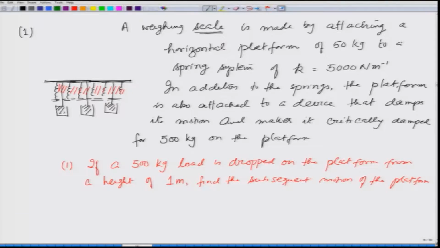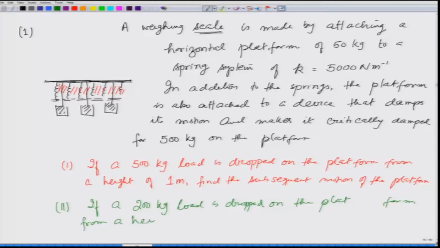And part 2, instead of 500, if a 200 kg load is dropped on the platform from a height of 1 meter, find the subsequent motion of the platform.